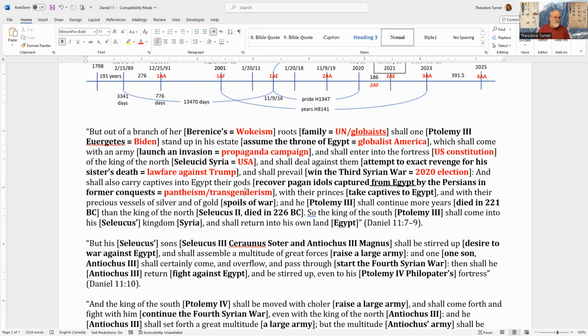So with their princes, now they take captives to Egypt. So whose princes are these? These are the princes of the kings of the north, right? It's the way it would look. So in some way they win over the politics of the world, right? In some ways.